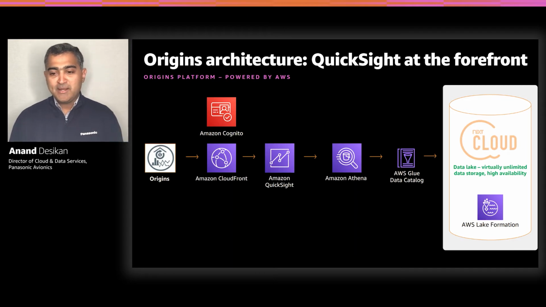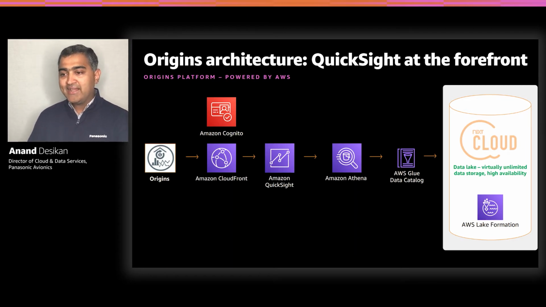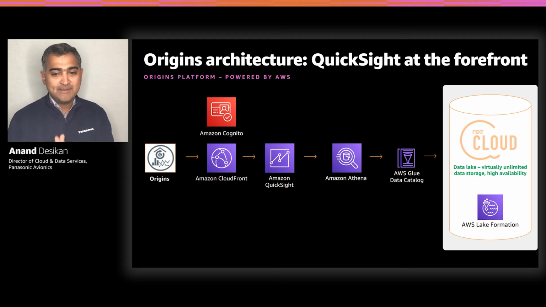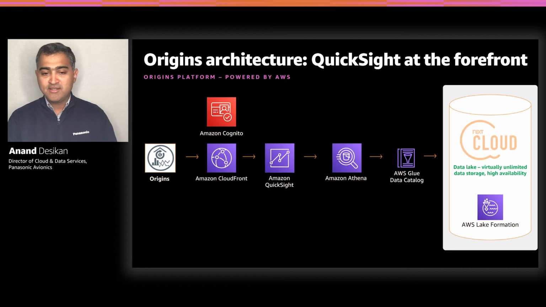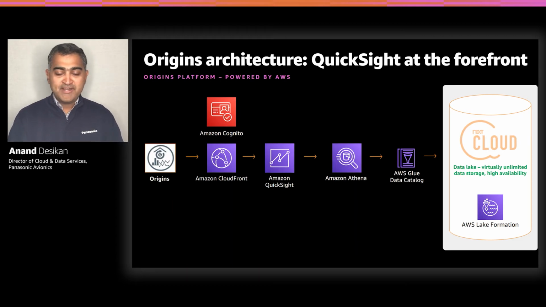We have a data lake and a data catalog that feeds a lot of our dashboards, from operational dashboards to monitoring dashboards to providing predictive insights to our operational personnel, as well as our product managers and all the executives in the organization, so they can look at one single place where every analytic is used for making data-driven decisions.